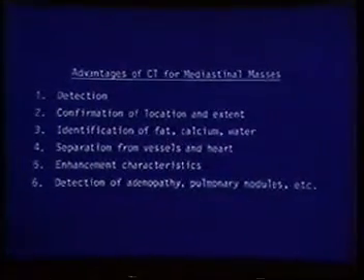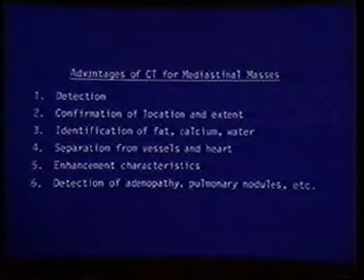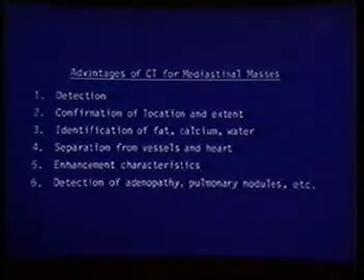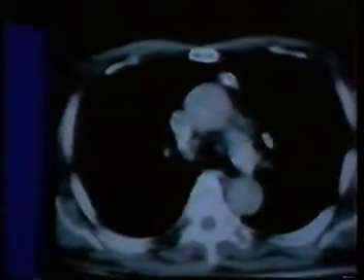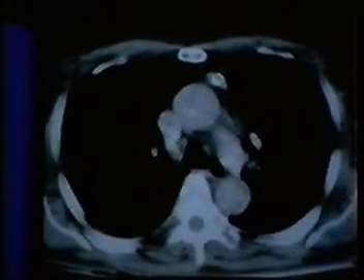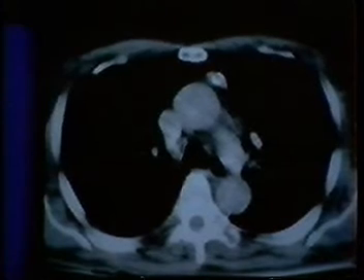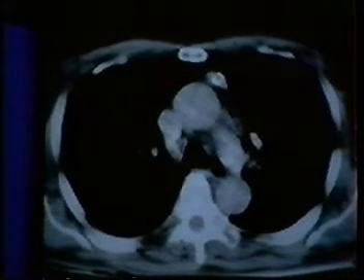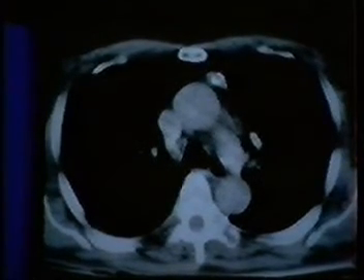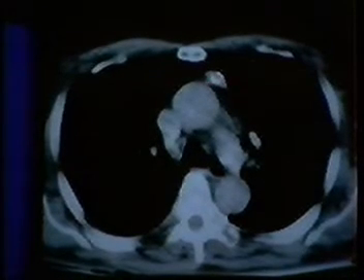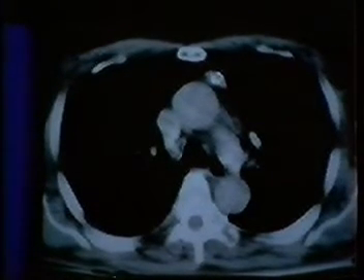That's because there are a number of advantages that CT has in looking at mediastinal masses, the first of which is detection. As an example, I'll show you this lesion, although this one was seen on a lateral view because it was calcified. It's a thymoma, and if you took a non-calcified thymoma like that and stuck it on a PA and lateral radiograph, I think you would have no hope of seeing it. Yet even if this were not calcified, at CT it would quite clearly be seen.